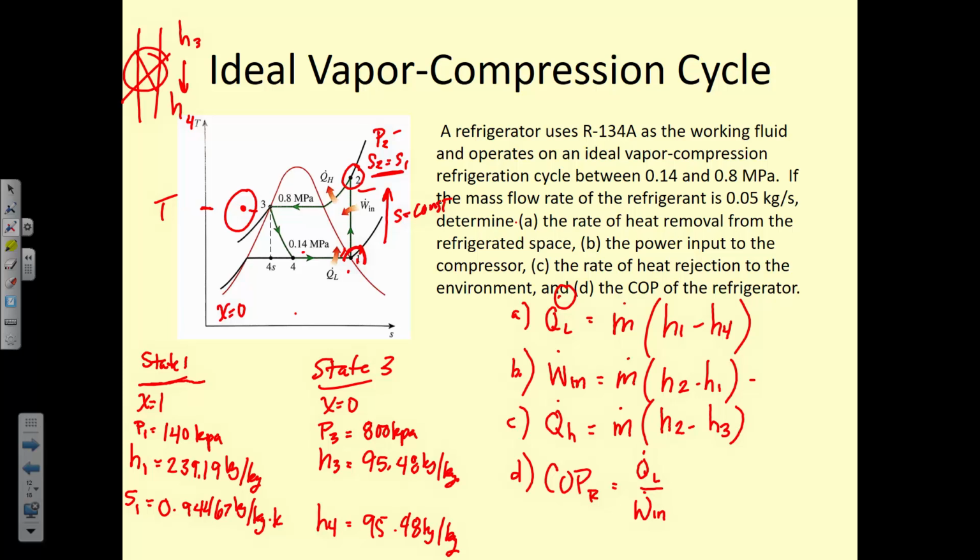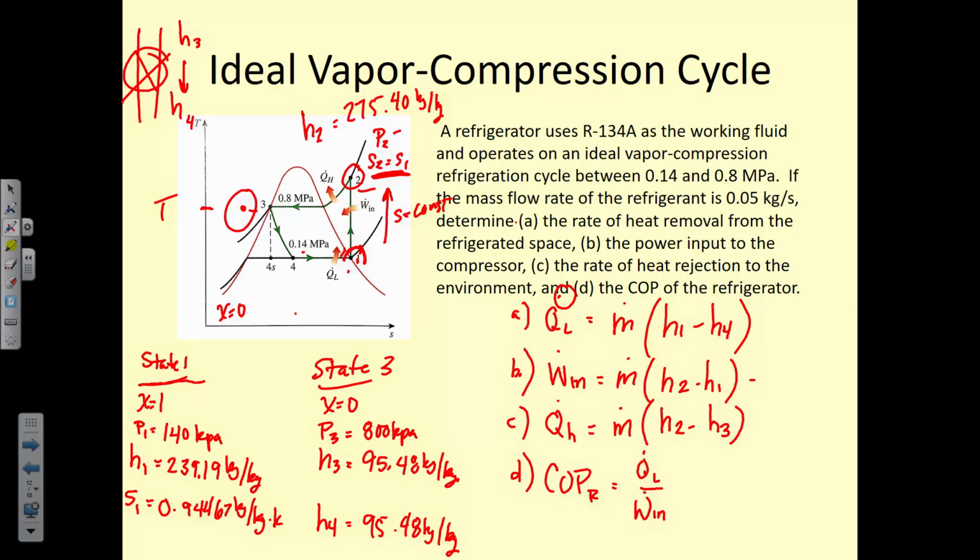So we go to table A13, we look it up, and we find that our enthalpy at state 2 is equal to 275.40 kilojoules per kilogram. And we have to interpolate using the entropy. This is all stuff we've done all semester. We should know how to do this.